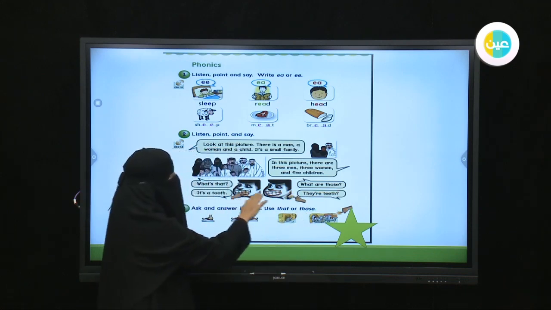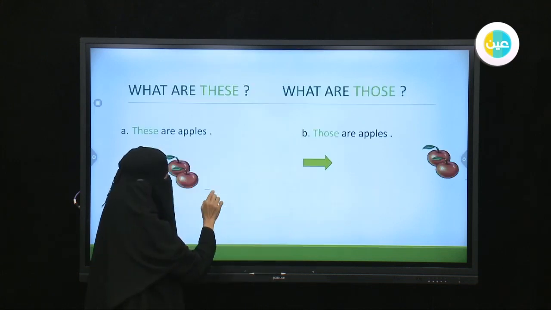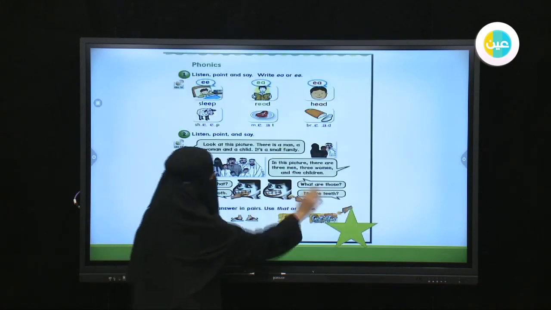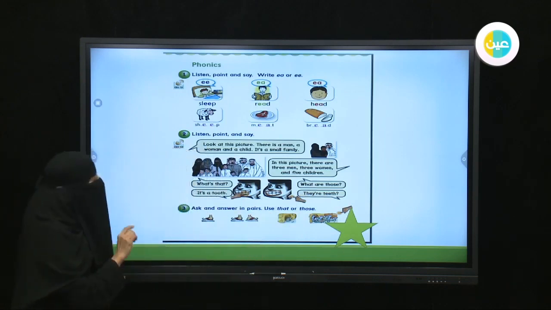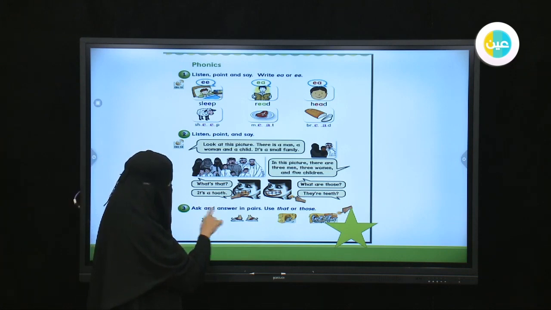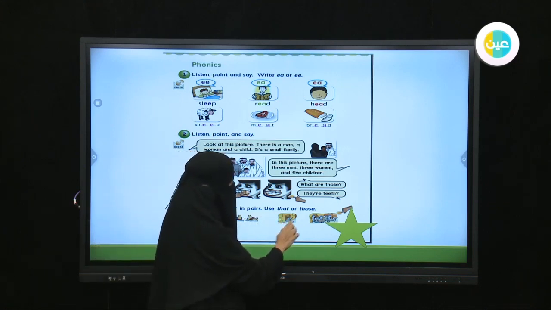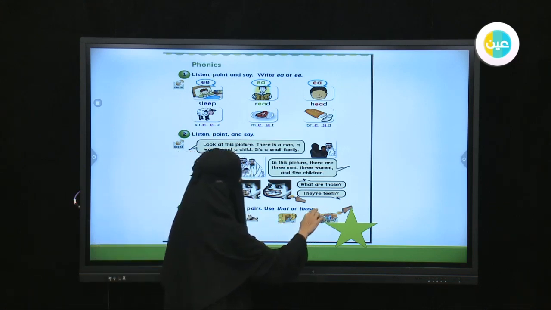So this is one, and this is more than one, many teeth. So we changed the word tooth into teeth. We do the same here. In this picture, you see that it's 1 foot and 2 feet. 1 mouse and many mice.